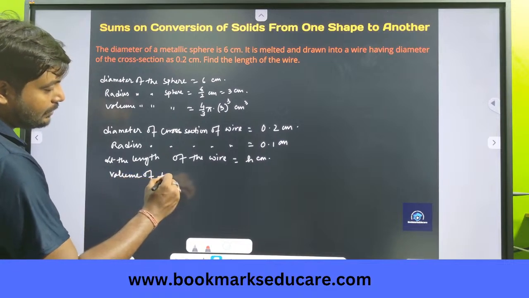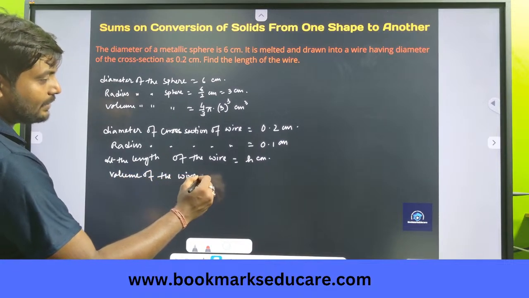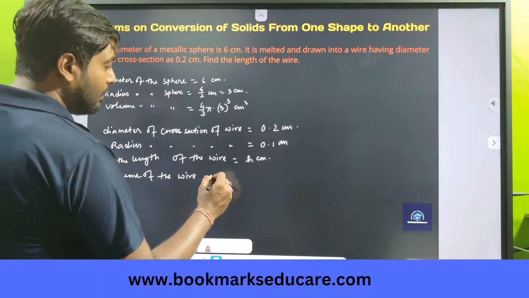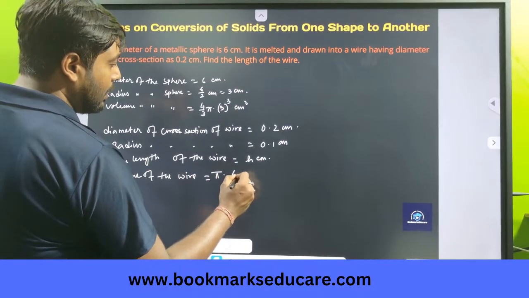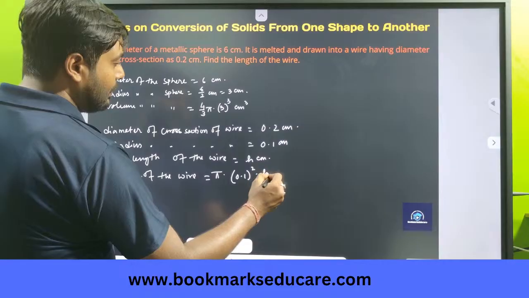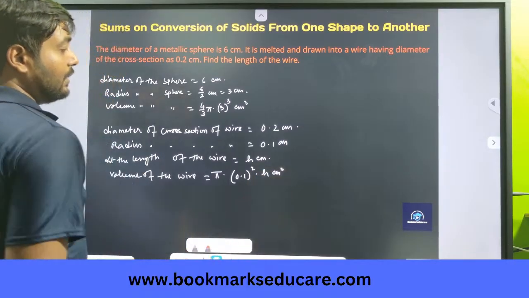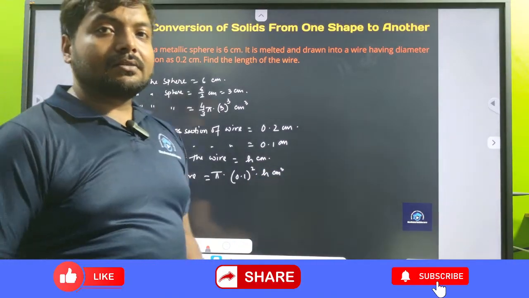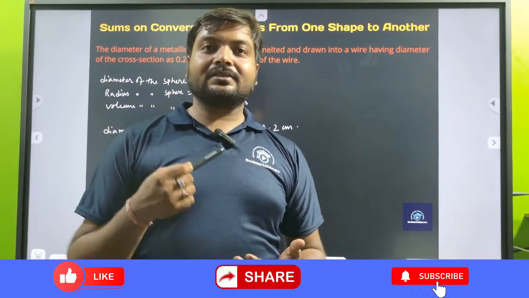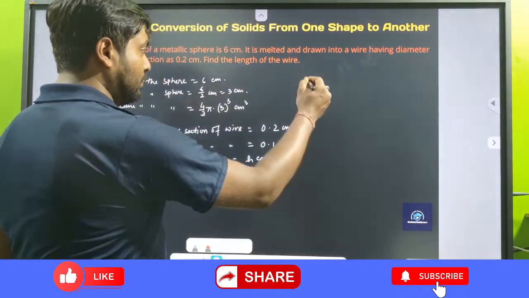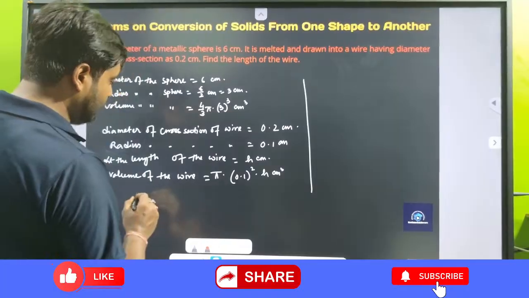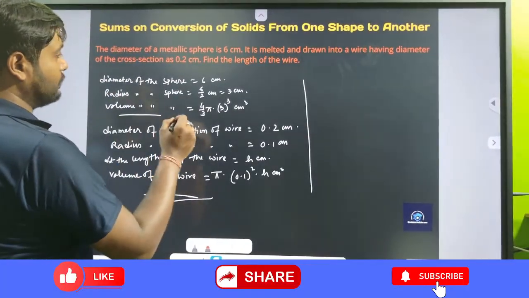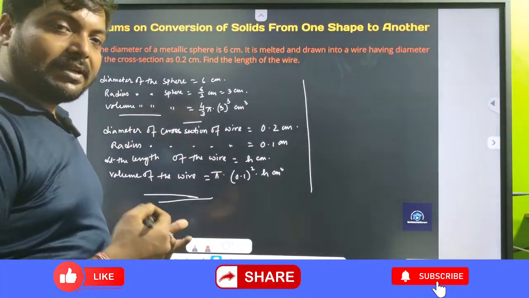pi r square h. And as I said, the volume remains unchanged. So this volume and this volume, both will remain equal.